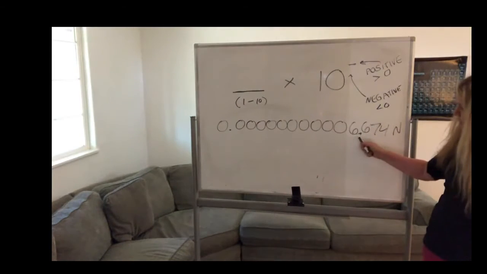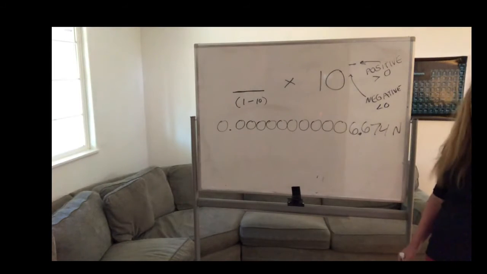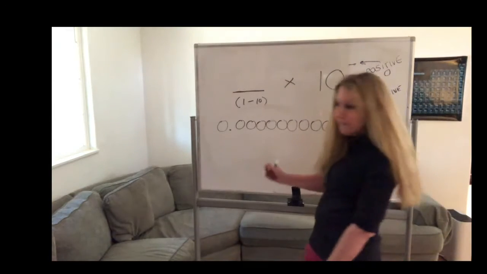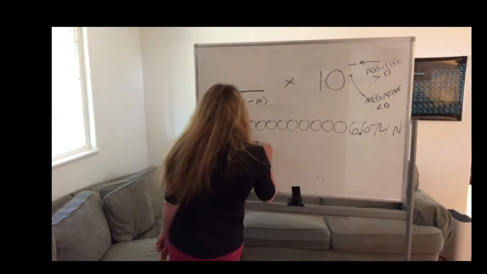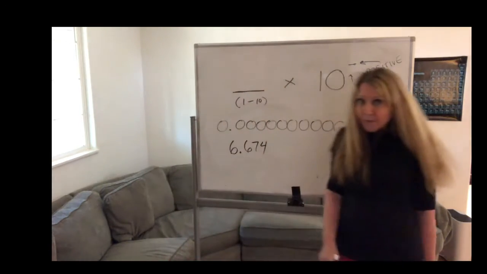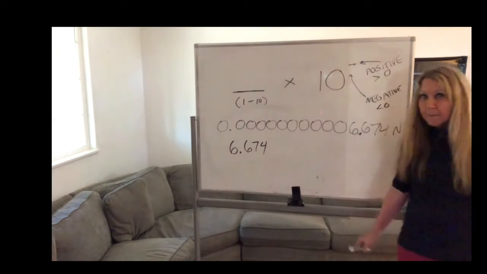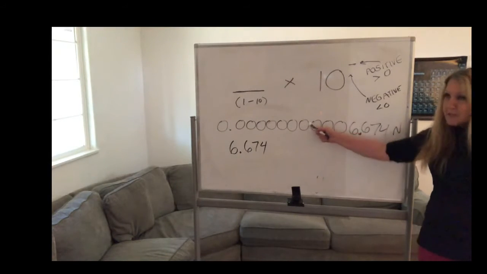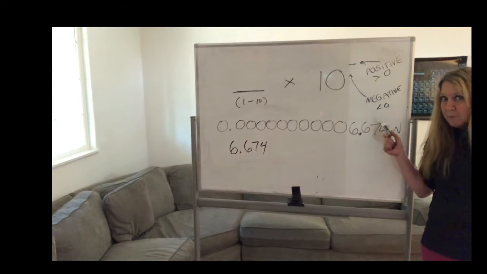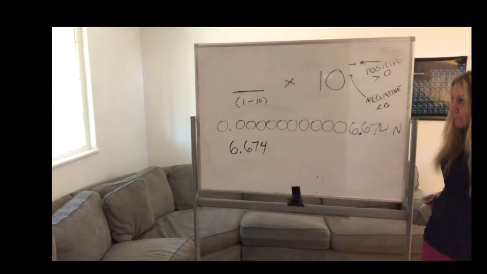In fact, it's 6.674. So let's write that right here. And that number is between 1 and 10. There is no other number you can get by moving the decimal that would be between 1 and 10.